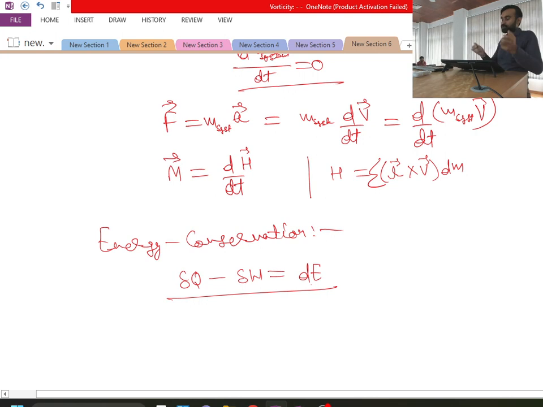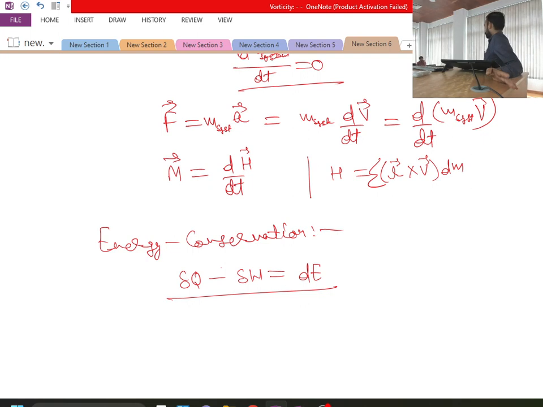Of course, whenever I talk about fluid flow, I have to consider this law in rate form. But at the moment, for a system, I can write del Q minus del W equal to dE. Is this one clear? Then apart from that, what other general law will come? Another generic law is the second law of thermodynamics.